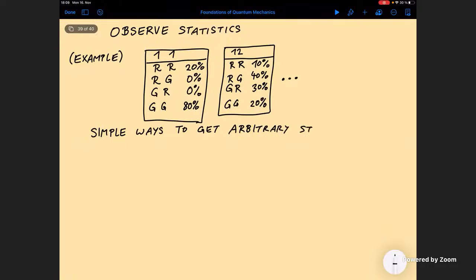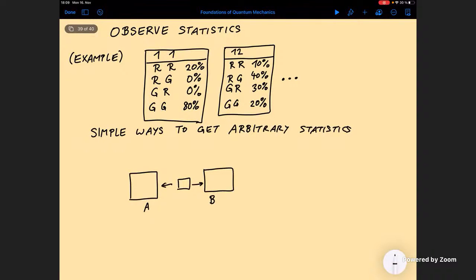And this is not very difficult. Let's say you have your 3 boxes with the source in the middle and A and B to the left and to the right. And at A and B, you have your settings.